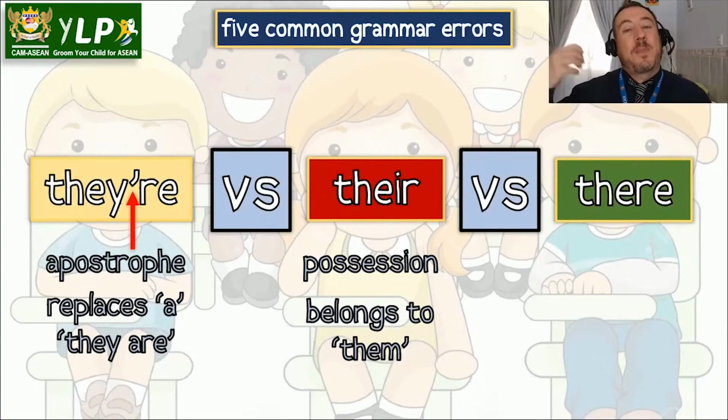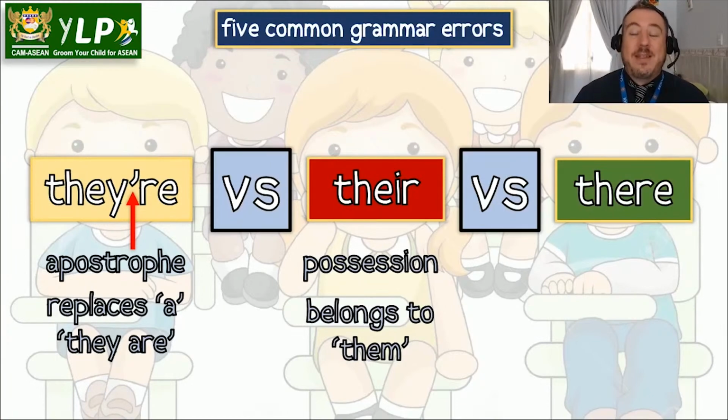If we talk about more than one person that includes ourselves, we say us. But to talk about more than one person that does not include ourselves, we use them. Okay? And if we talk about something that belongs to them, we would say their or theirs.